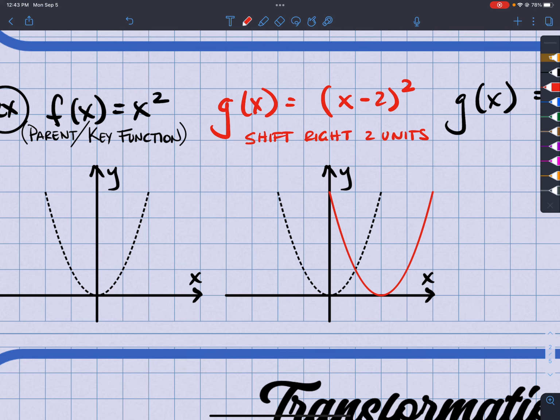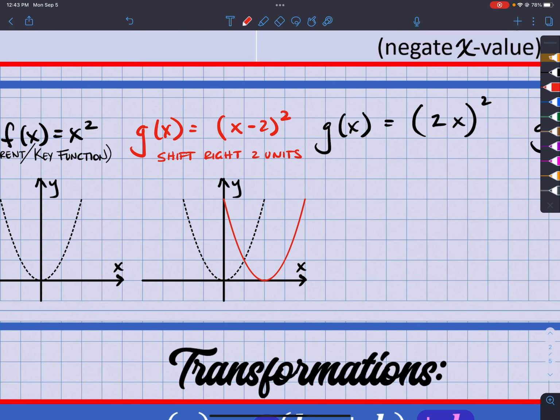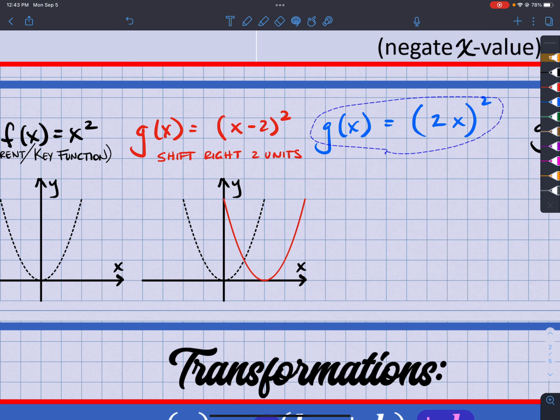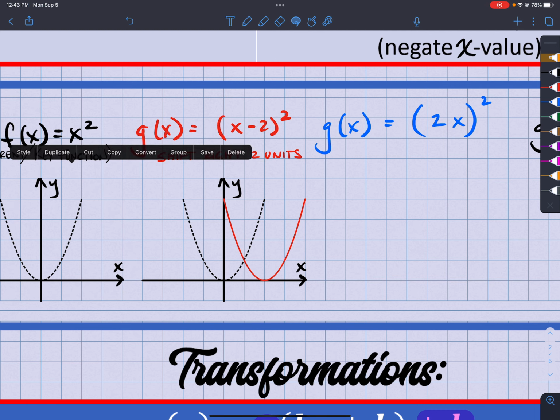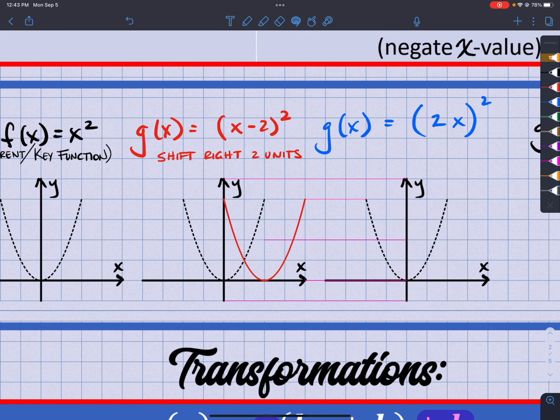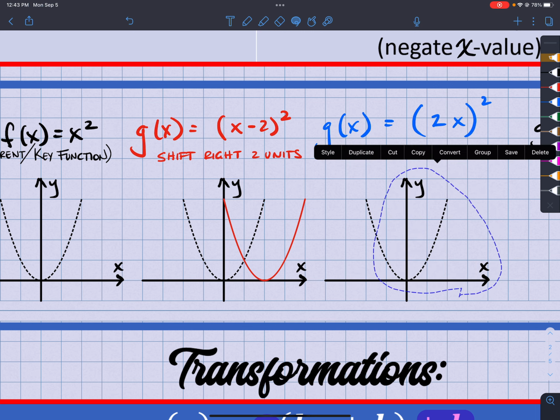All right, what if we had this one here? g of x is equal to 2x squared. Let's take a look at that. How would it affect that right there?